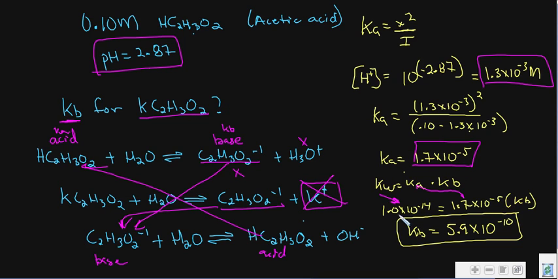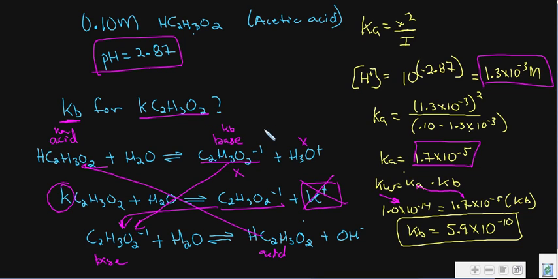And so then I can divide 1.0 times 10 to the negative 14th by my Ka, which is 1.7 times 10 to the negative fifth, to find my Kb. So there's my Kb, and that's the Kb for the acetate ion, essentially. But since potassium is neutral, it ends up being the same Kb for this salt right here.